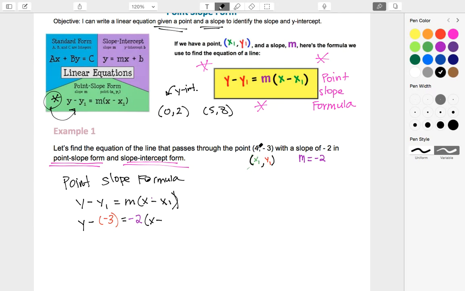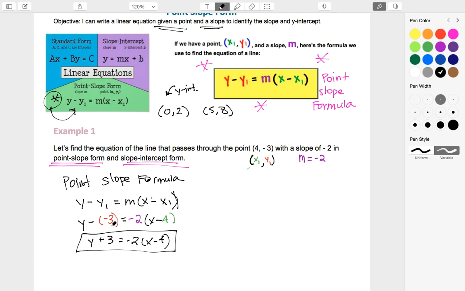So x1 is 4 in this case. So we're going to say minus 4. Okay, and then after that, the only thing we can simplify here is changing this to addition. So we have y plus 3 equals negative 2 times x minus 4. And that's our equation in point slope form. Okay.